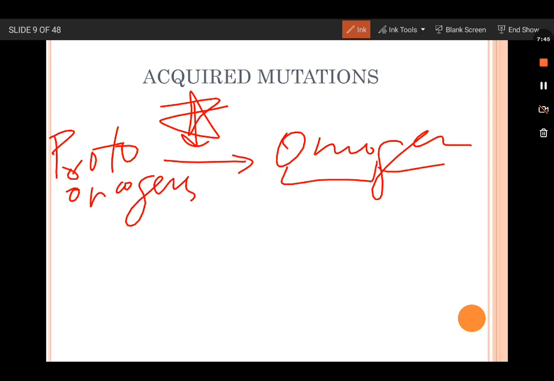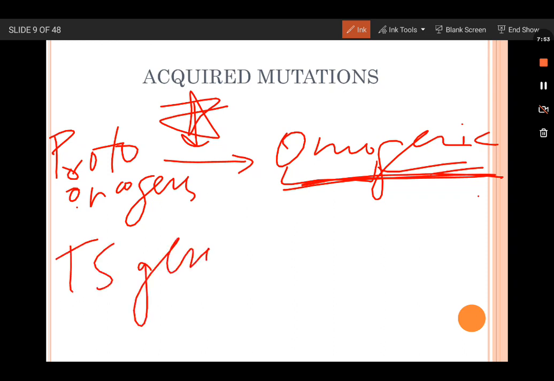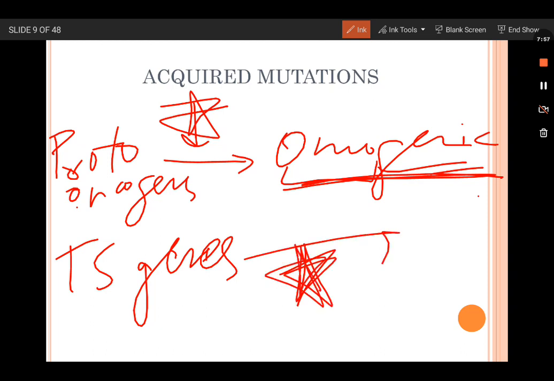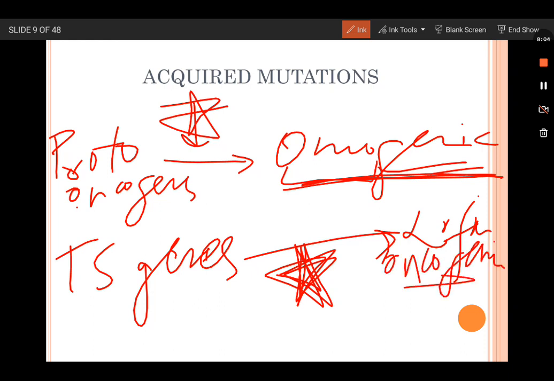Onco is cancer, genic is producing, so something which is producing cancer. Or tumor suppressor genes, which were suppressing the tumors, and because of some mutation they have lost their function. So loss of function has happened, and they have also become oncogenic, cancer causing, right?